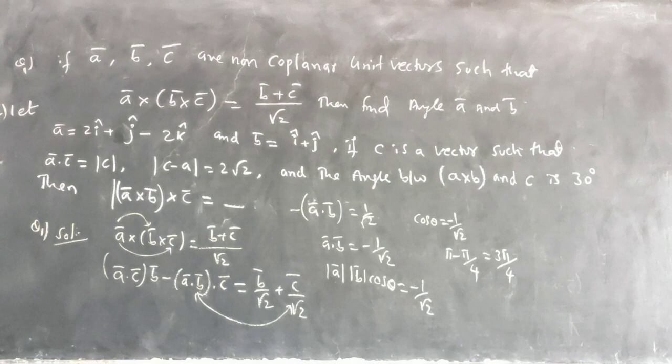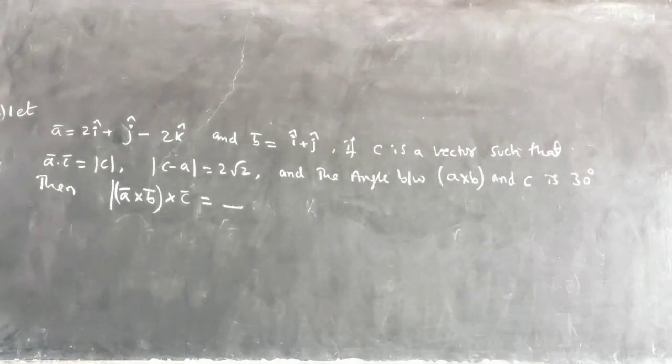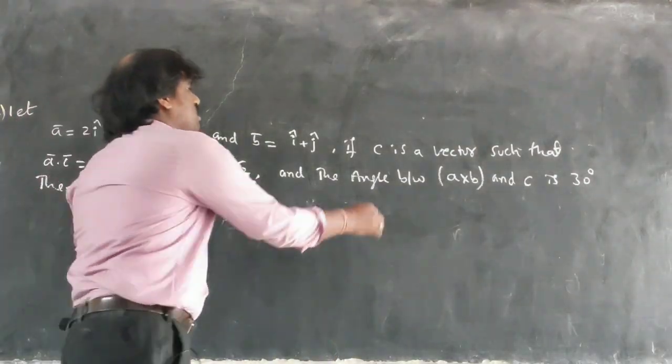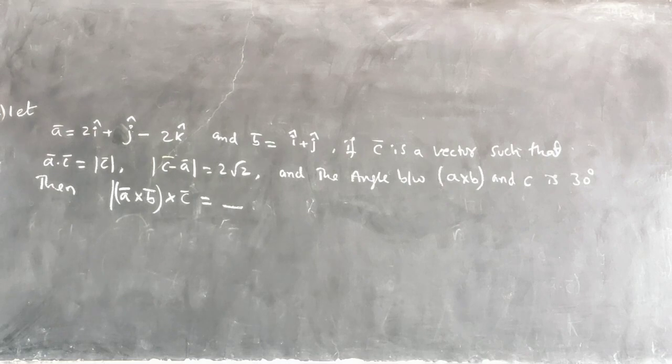Let us go for the second question. One more question, and this is very important. A vector is equal to 2 i cap plus j cap minus 2 k cap. B vector is i cap plus j cap. C is a vector such that A dot C is mod C, and mod C minus A is 2 root 2.